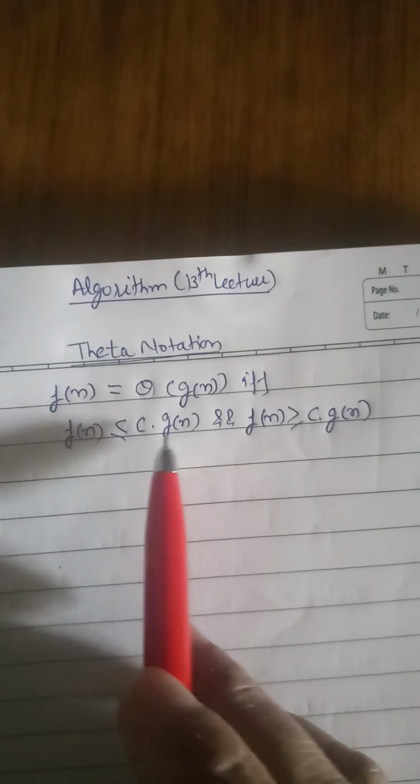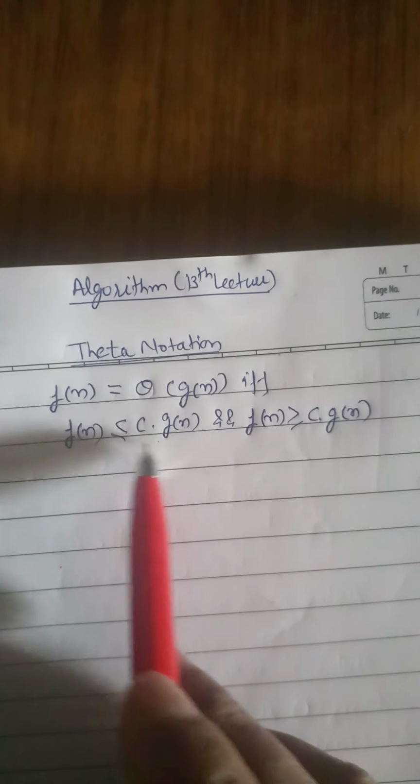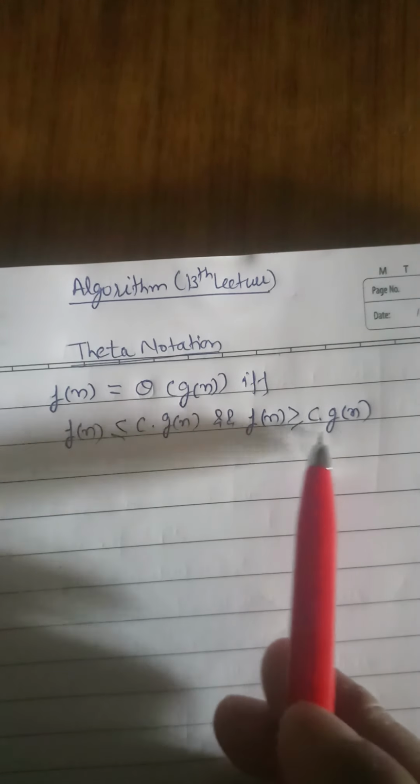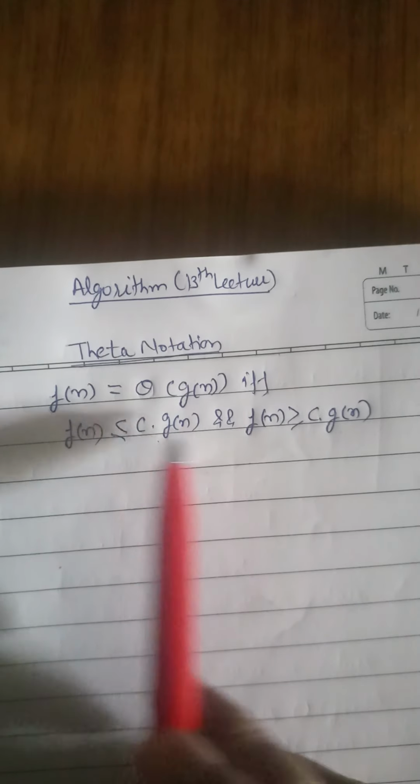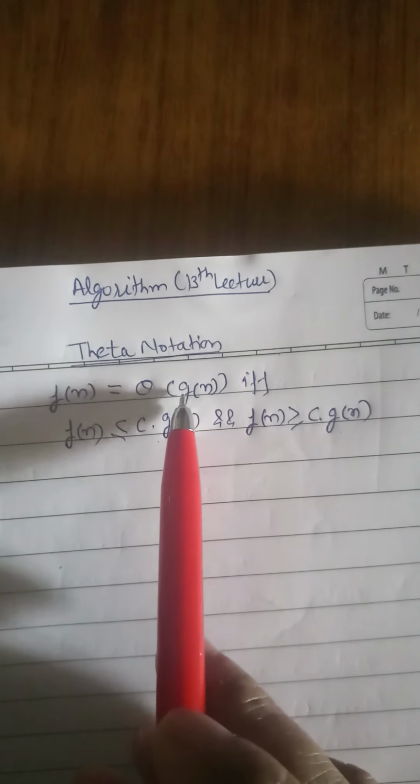Here we can see both conditions are present. Only when both conditions are present will f(n) be equal to theta g(n).